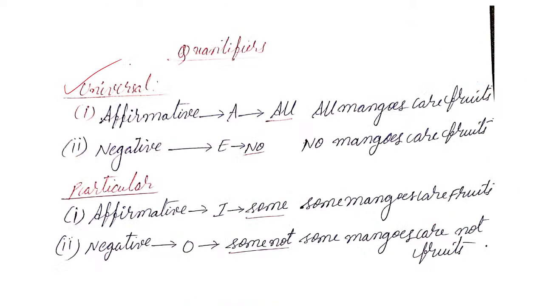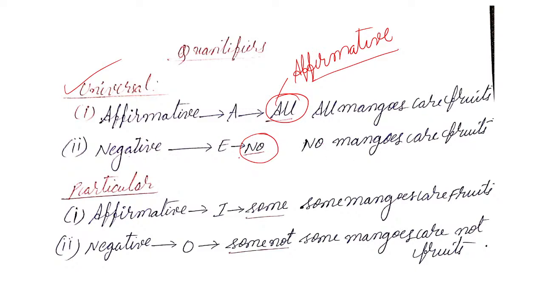In universal quantifiers we saw all and no, right? All is called universal affirmative, and no is called universal negative.